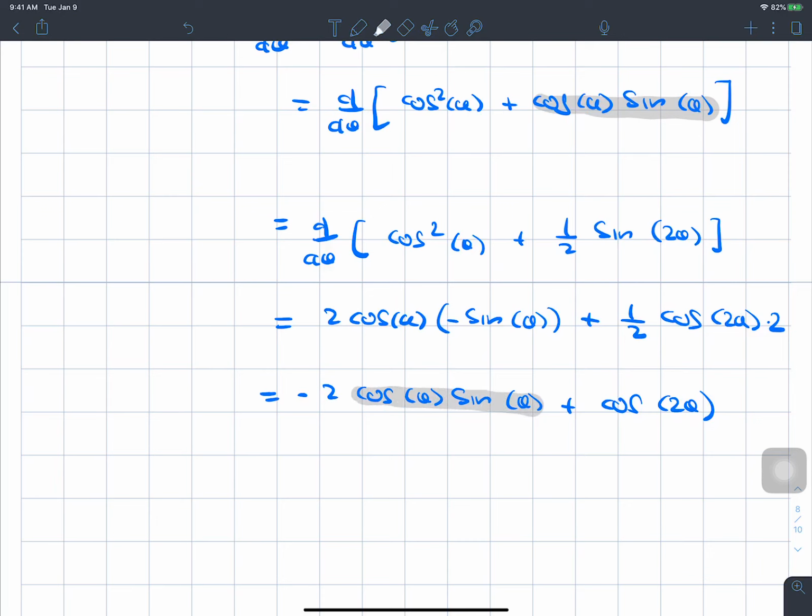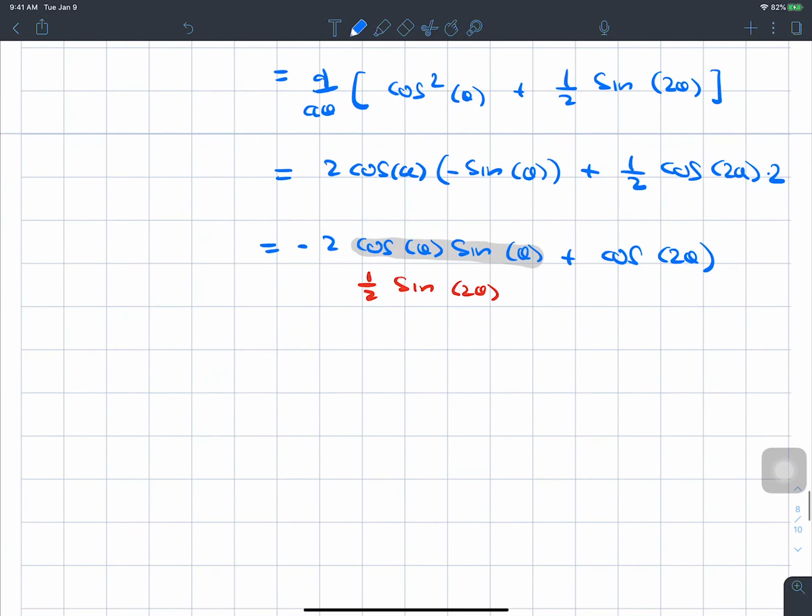We know it's 1/2 sine 2θ. We plug that in. So all together, we get negative sine 2θ plus cosine 2θ.